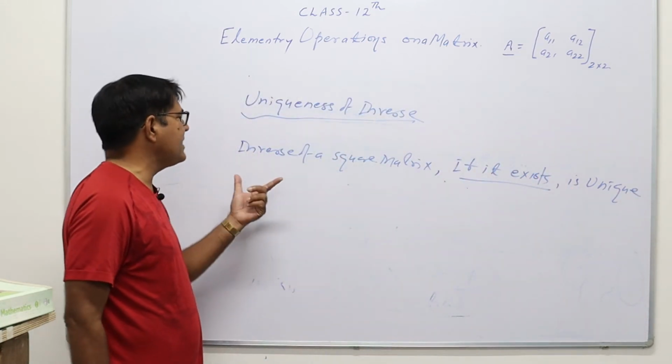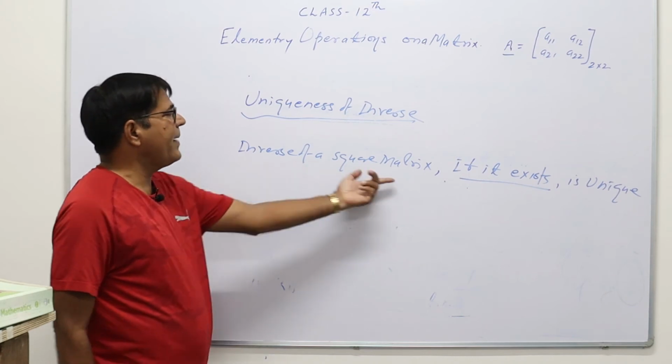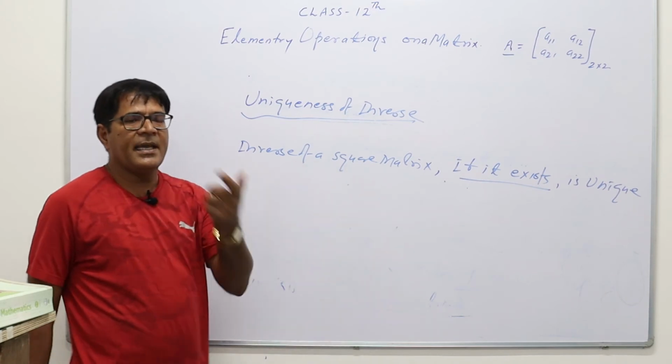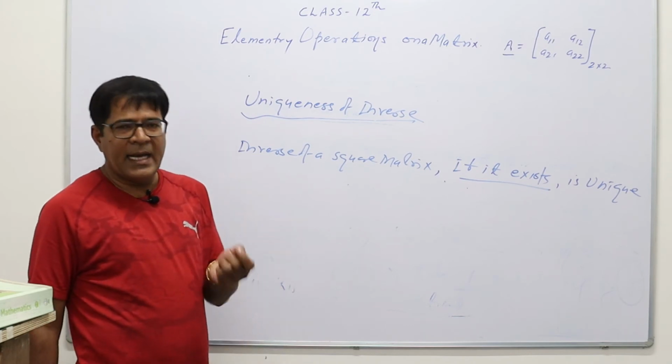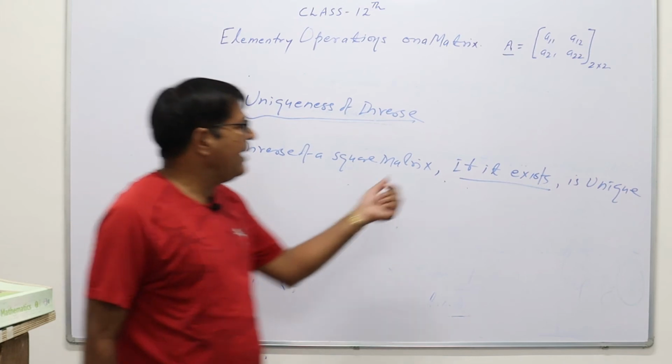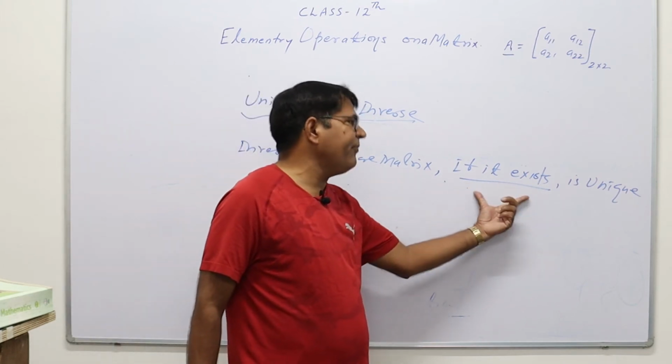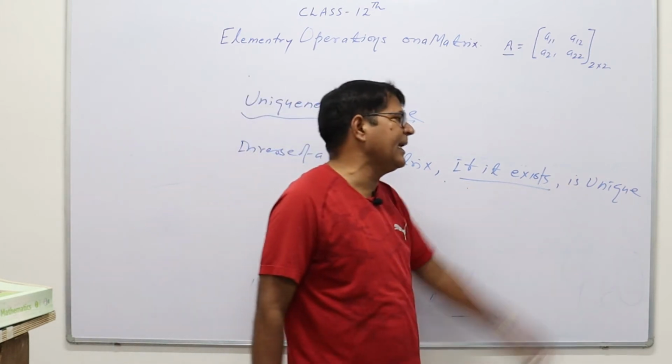What do you understand by this? Uniqueness of inverse means if we have a given square matrix of order m, then its inverse, if it exists, is unique.